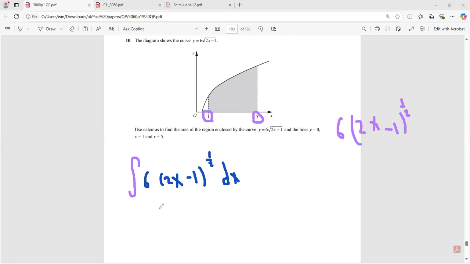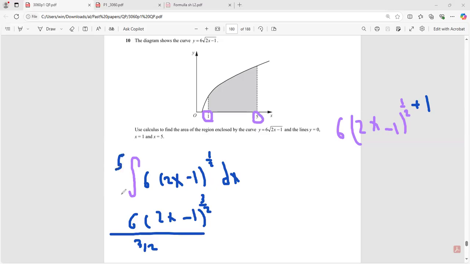This will be plus 1, so 3 out of 2. So 6 multiplied by (2x minus 1) to the power 1.5, dividing by 1.5 or 3 out of 2. And that is limited between 5 and 1.